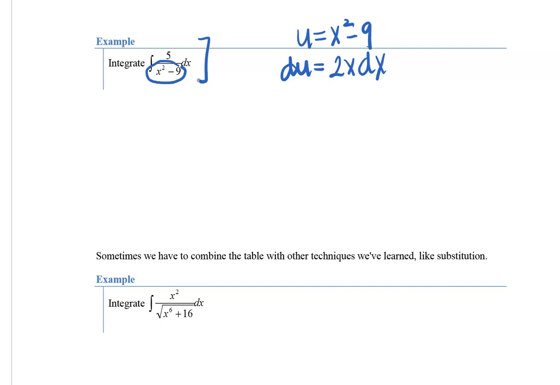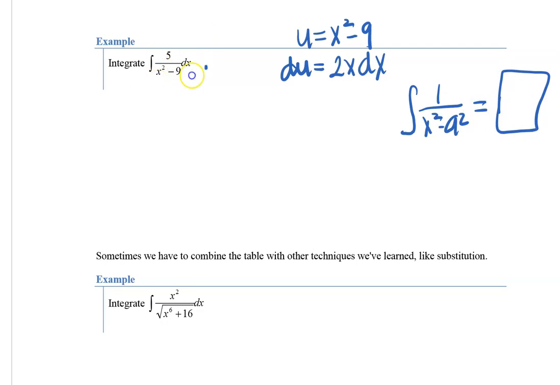So this one looks really similar to that first integral in our table that we had. And it said that if we have the integral of 1 over x squared minus a squared, we would have our answer. So let's evaluate what these pieces are. First of all, this 5 is just going to go along and come out front, so that I'm just working with 5, the integral of 1 over x squared minus 9.